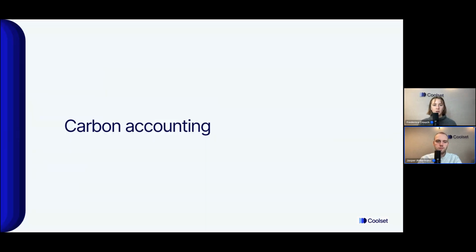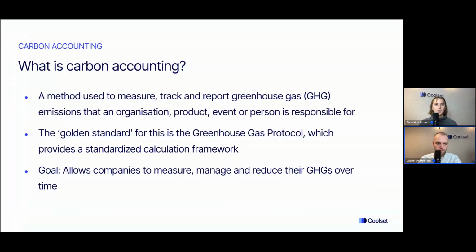Let's get started. So to start, what is carbon accounting? It's a method used to measure, track, and report greenhouse gas emissions for an organization or product, event, or person. So essentially, it's like financial accounting, but for your emissions. So it's taking stock of all the emissions your company is responsible for.